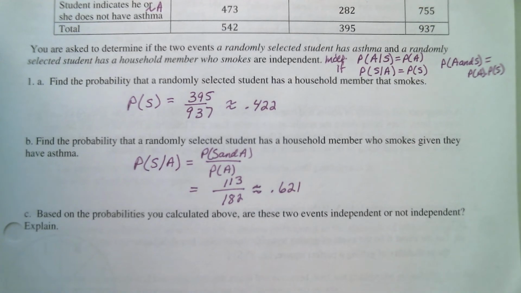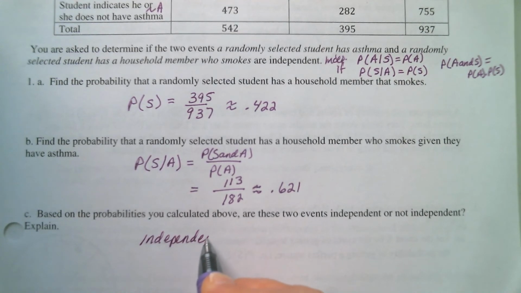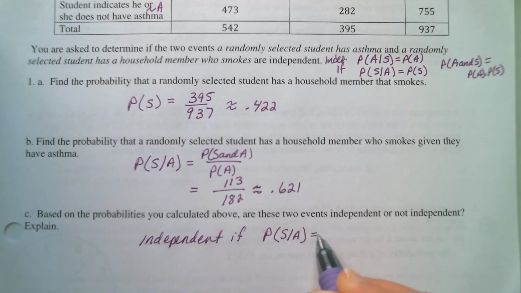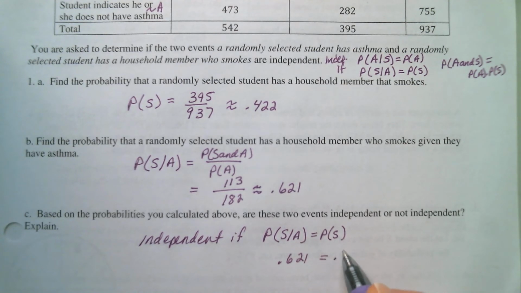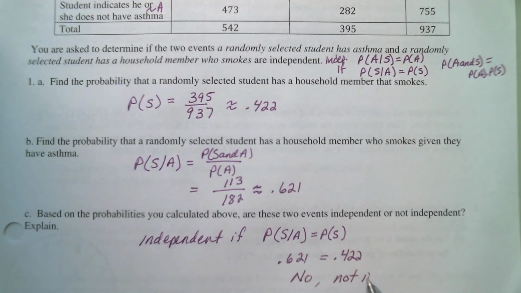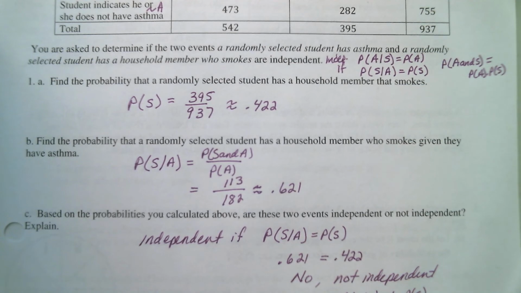Okay, since we have these two, I'm going to say they are independent if the probability of S given A equals the probability of S. Well, S given A is 0.621, and the probability of S is 0.42, so no. Not independent. The probability of S given A does not equal the probability of S. That's our explanation.